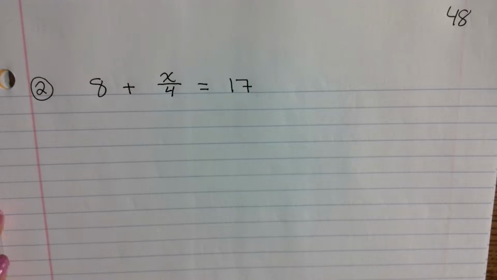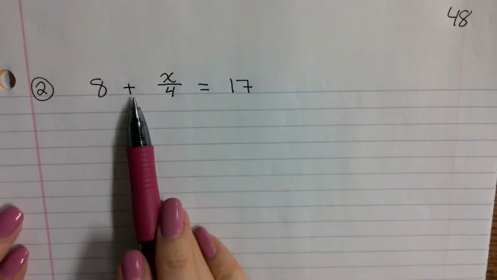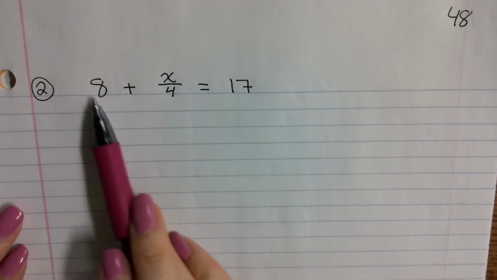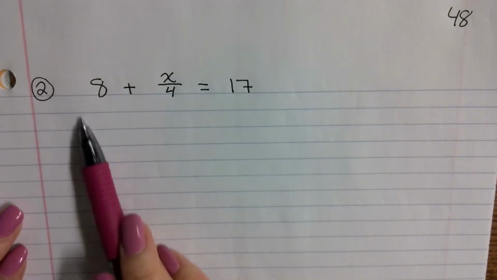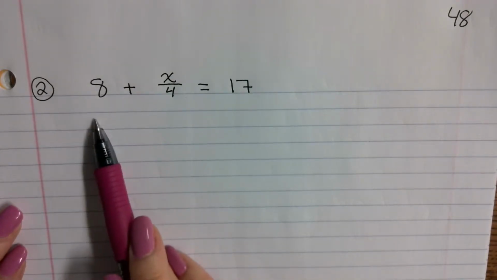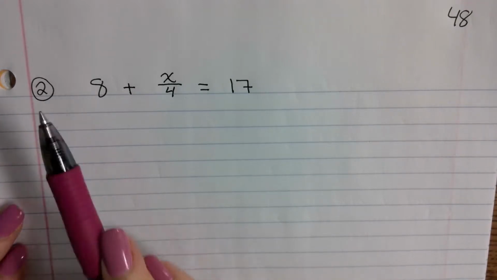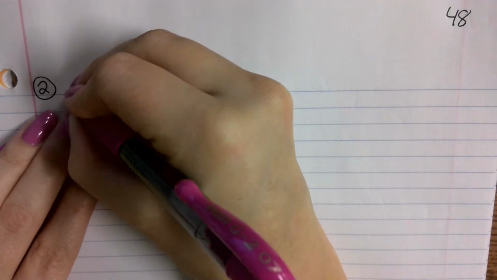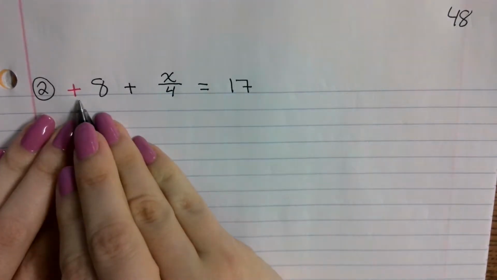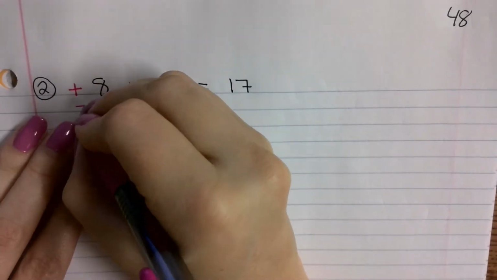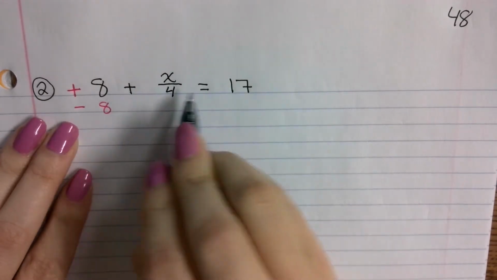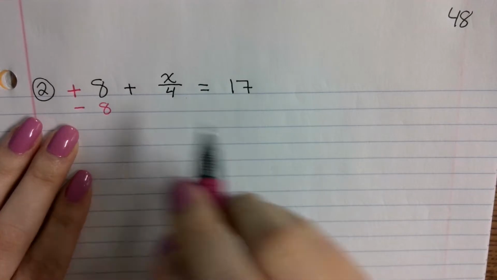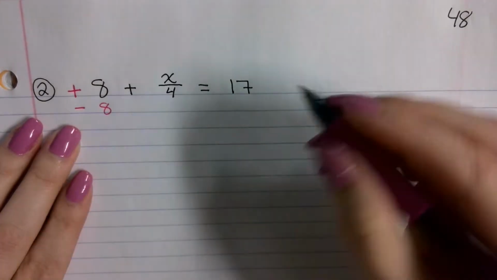Now, the reason we subtract is not because of this plus sign, but it's because if we don't have something written in front of it, 8, what do we automatically know is there? A plus, right? We automatically know that there is a plus sign in front of it. Because there is a plus sign in front of it, we would subtract the 8. That's why I also could rewrite this problem as x over 4 plus 8. It'd be perfectly fine to write it that way.